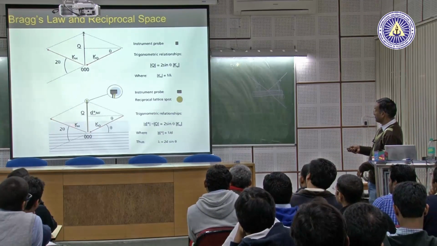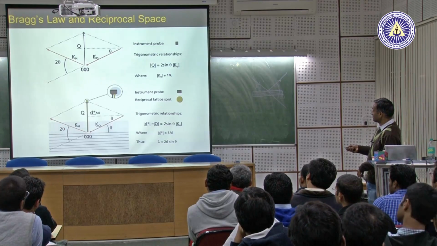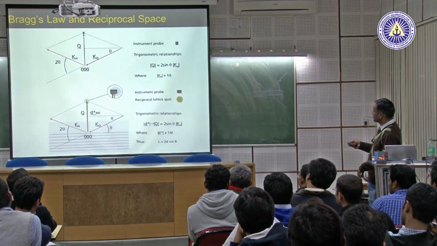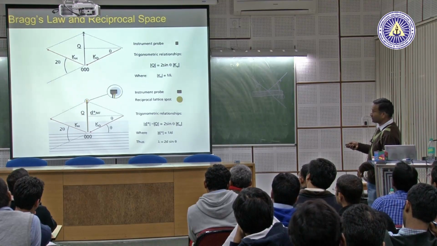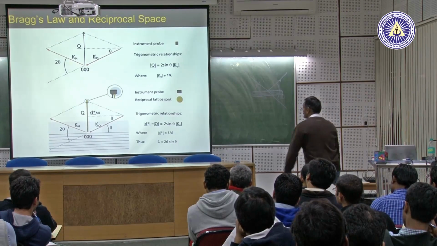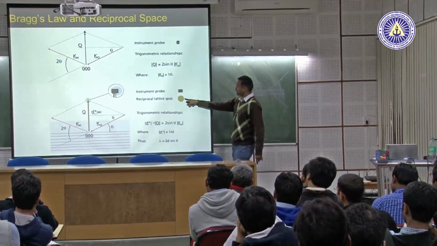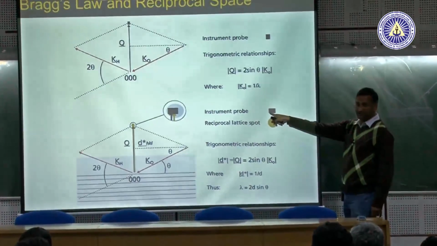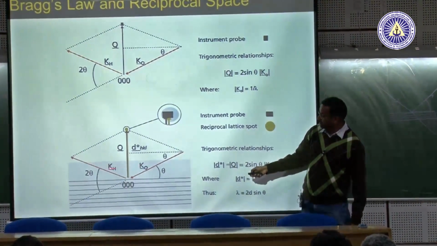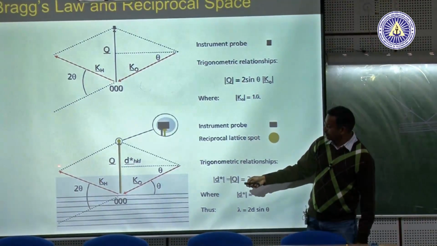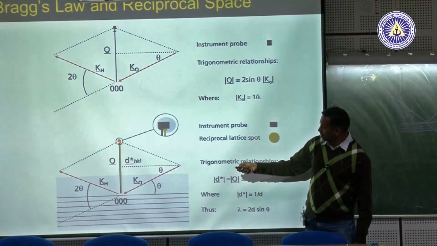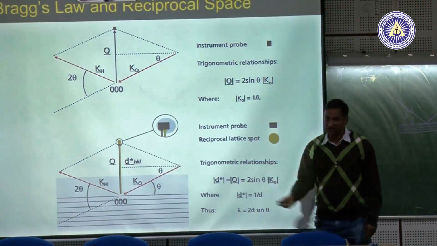For Bragg diffraction to occur, your instrument probe should scan the point in such a fashion that your reciprocal lattice vector coincides with the diffracted beam vector, so that you are able to complete this parallelogram or this triangle.